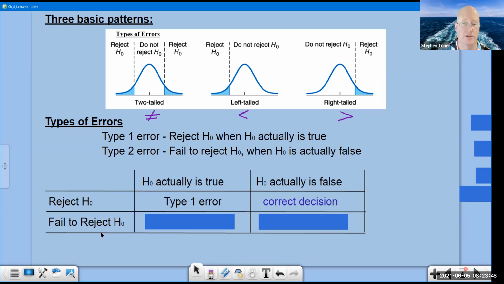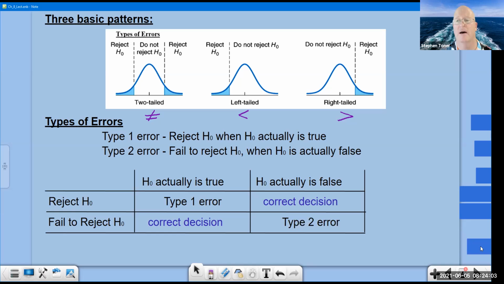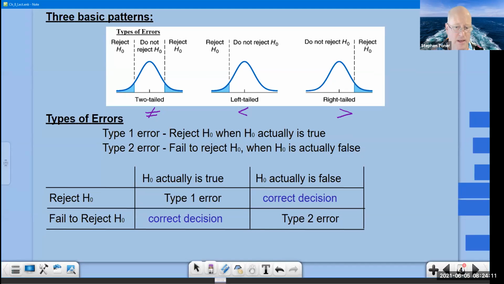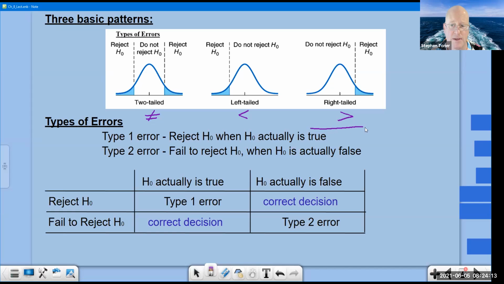But if we fail to reject H0, and H0 is actually true, well, that was the right move. That was a correct decision. But if we failed to reject H0 when H0 was actually false, then that was another type of error, a type 2 error. So you can either memorize these error types through the use of these sentences right here, or some people prefer this logic table. They say the same thing, but in two different ways.